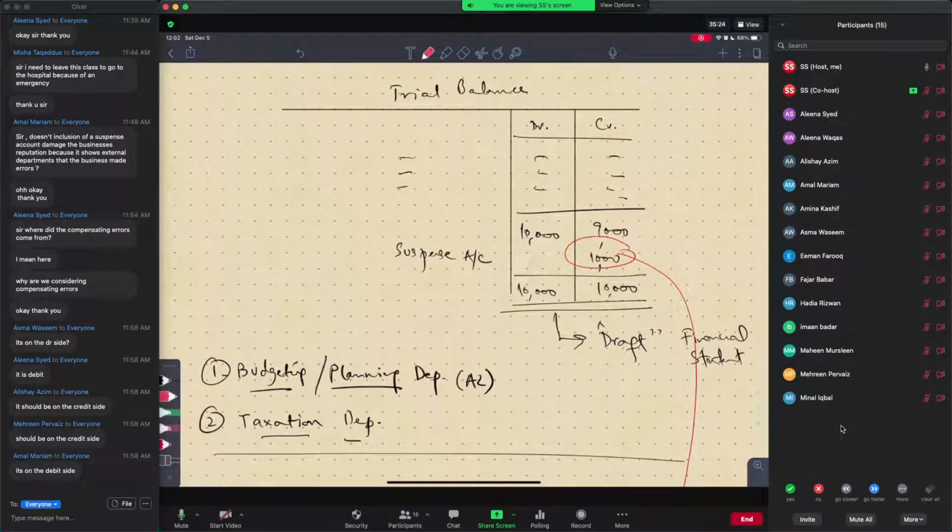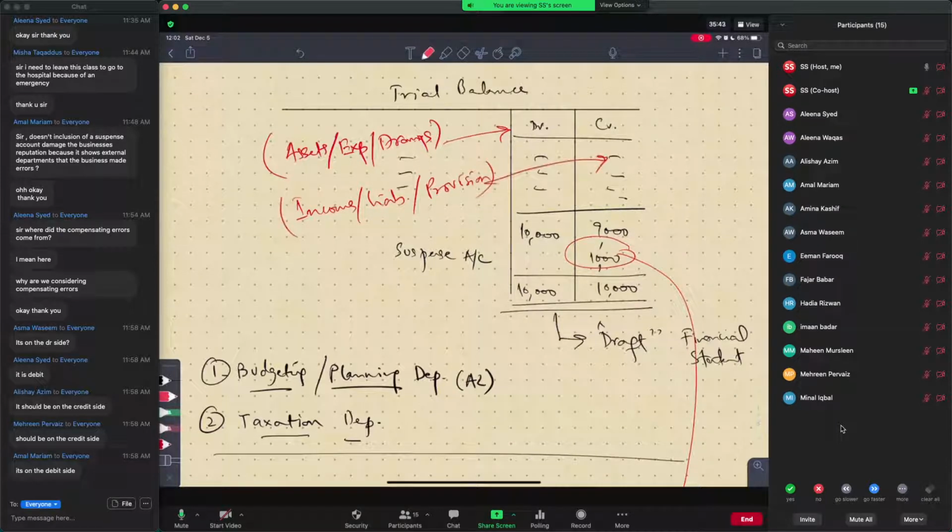So quickly, within 5 minutes, make this trial balance. Remember, assets, expenses, and drawings are always going to be on the debit side, and incomes, liabilities, and provisions are always going to be on the credit side of the trial balance. So quickly, within 5 minutes, if we can find out the suspense account value here, or let me just give the totals first.